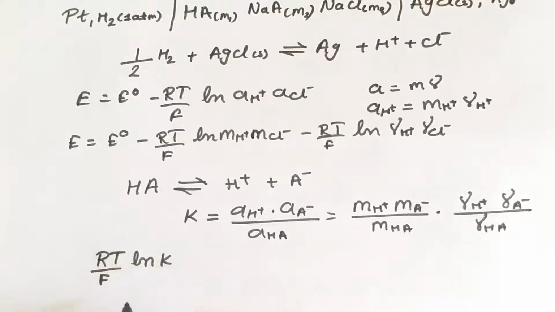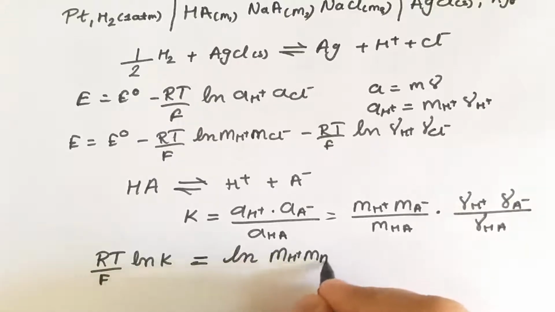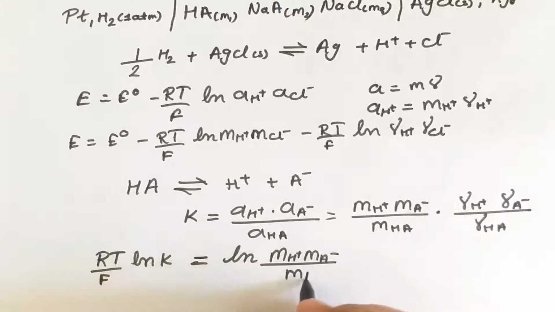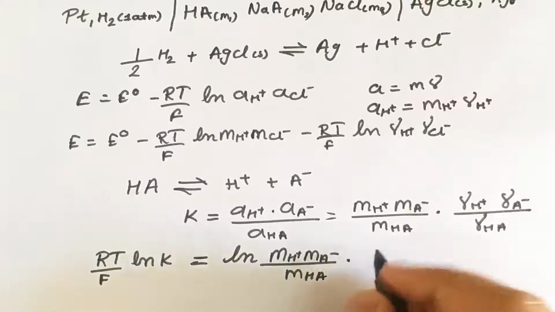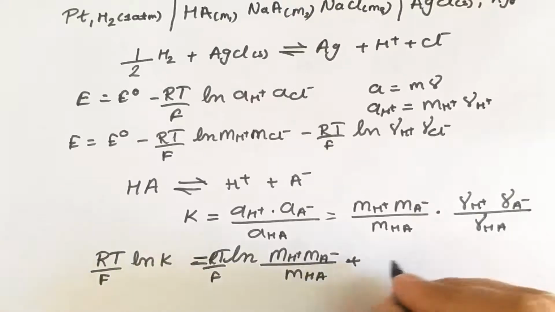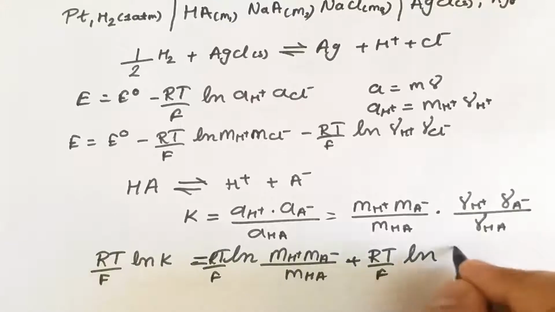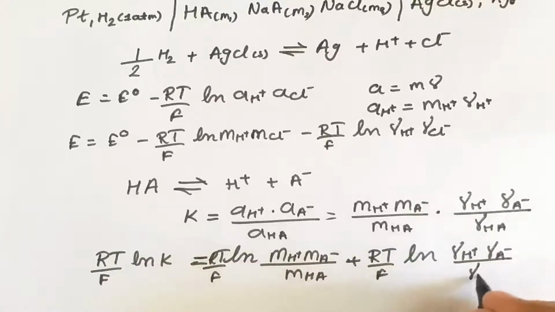So we will have RT by F ln K is equal to RT by F ln of m of H plus m of A minus upon m of HA, plus RT by F ln of gamma of H plus gamma of A minus upon gamma of HA. So this will be the relationship.